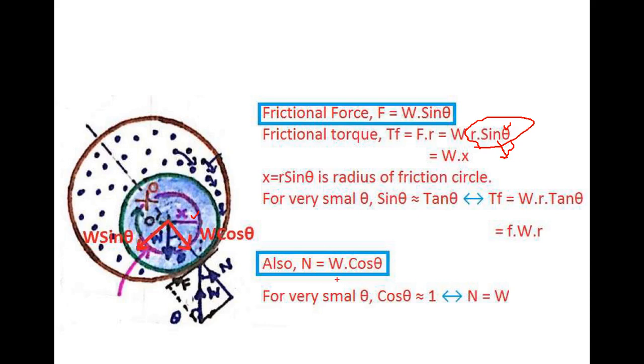So simply N equals W. So for a very small value of theta, again the normal reaction will be equal to W. So in that case also the bearing load can be written as W. In actual it is N, but with some assumptions we can write the bearing load as W. It is the same explanation, another method to explain.